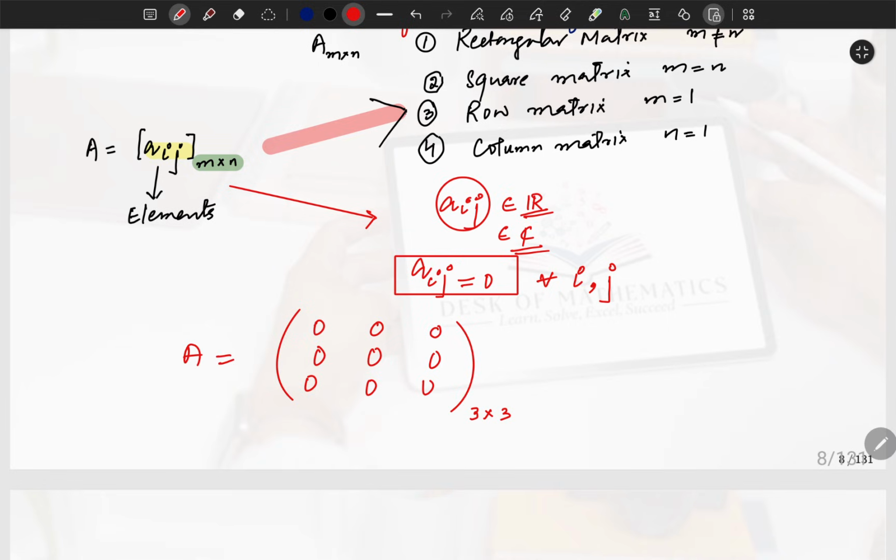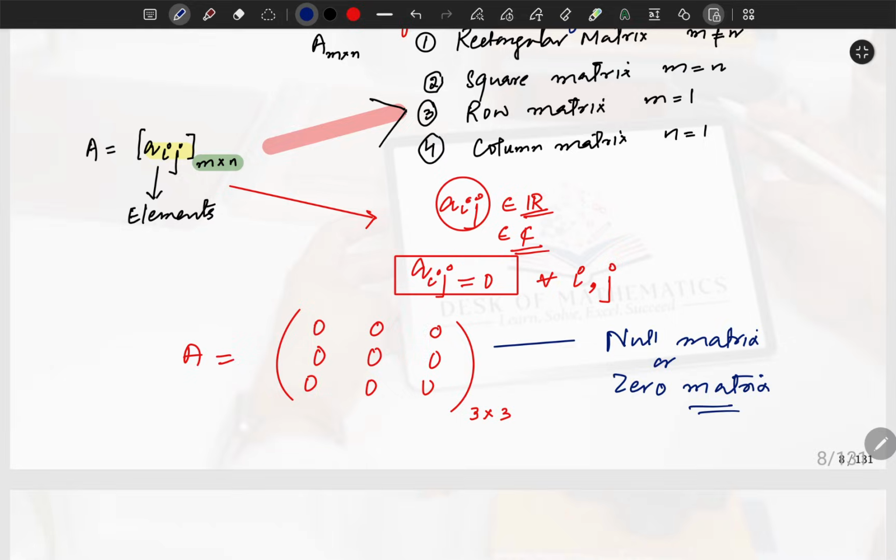So this matrix is called the null matrix, or we call it a zero matrix as well.